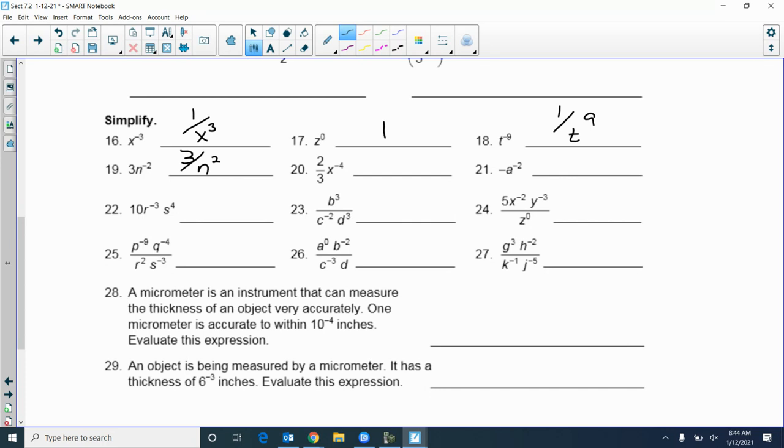Okay, Rachel. Oh, 20 is a hard one. Let me kind of just say, for 2/3 x to the -4th, that is the same. Because in the end, I want everything written with one numerator and one denominator. So that's the same as 2x to the -4th over 3, because this x to the -4th is with the 2.